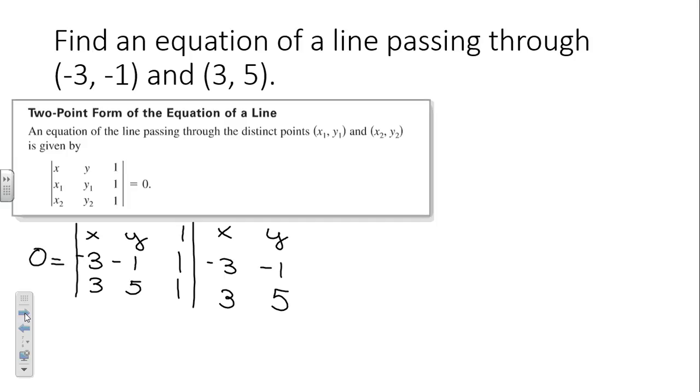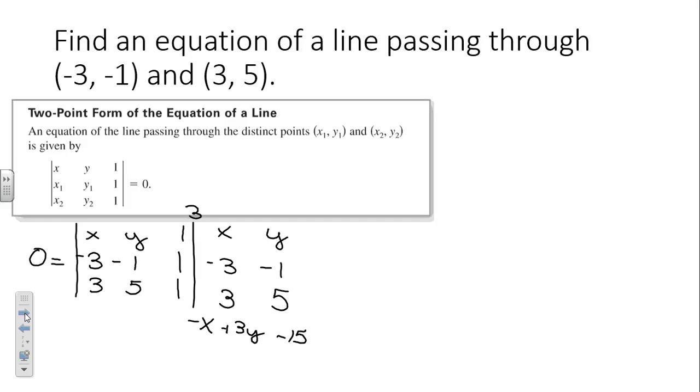And then we multiply. Downward diagonal. Negative x, right? Downward diagonal. 3y. Downward diagonal. Upward diagonals change the sign. So positive 3, right?